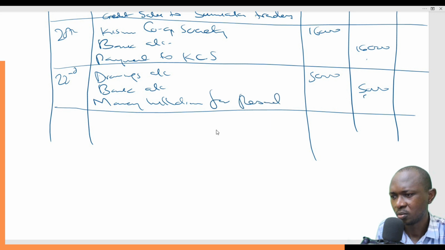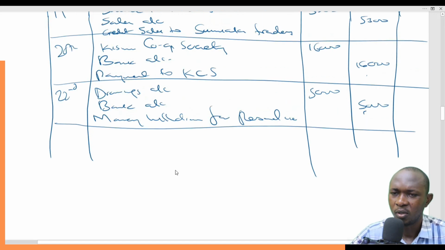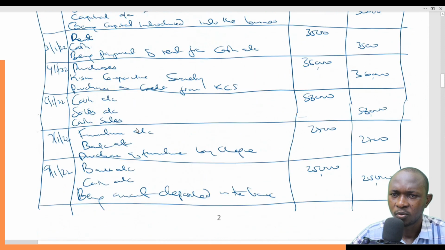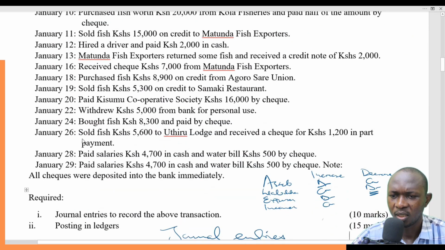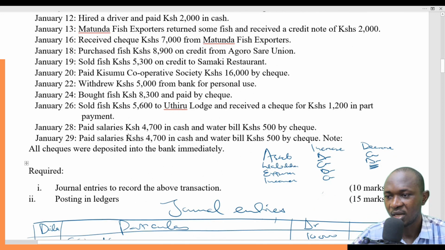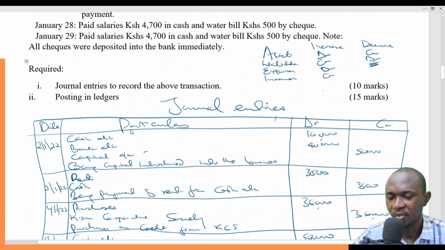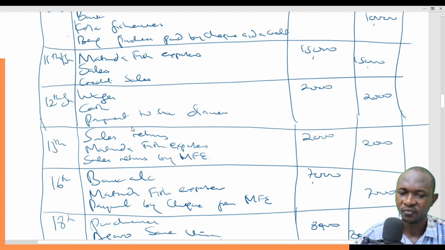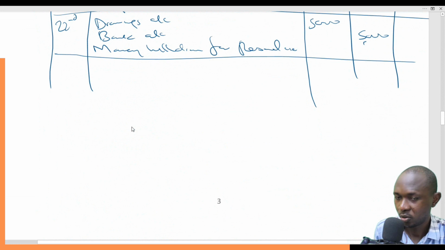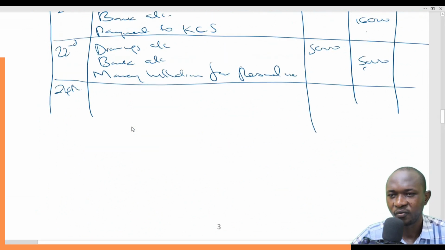This is 24th. So 24th, bought fish 8,300 and paid by check. Bought fish 8,300 and paid by check. So January 24th, bought fish 8,400 and paid by check. So this is simply purchases 8,400 paid by check.